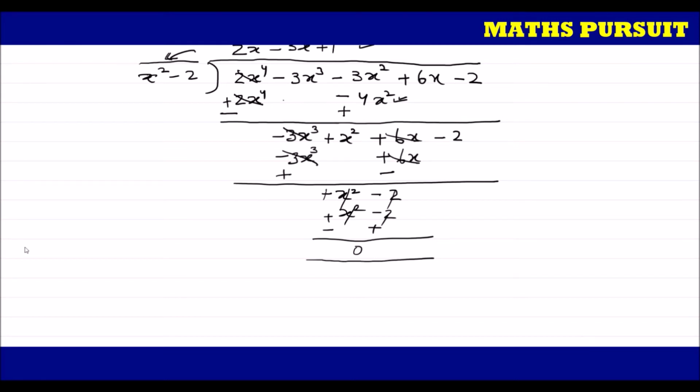We know that dividend is equal to divisor into quotient plus remainder. This is the formula for the division algorithm.